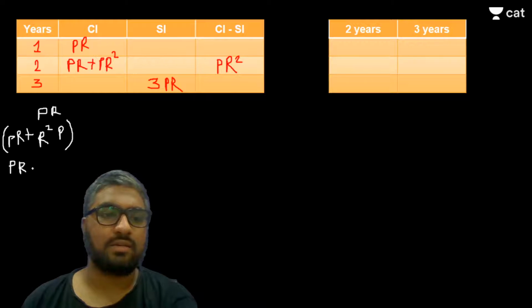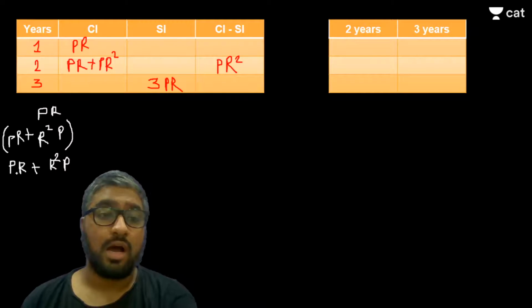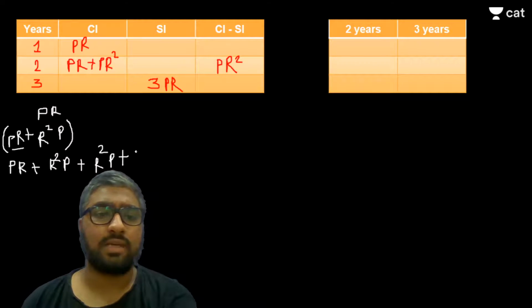The previous year, that is PR plus R square P, another R of it. So R times PR is R square P, and R times R square P is R cube.